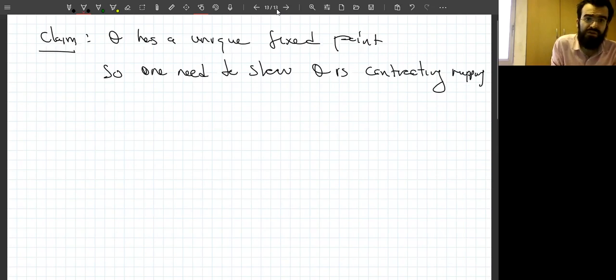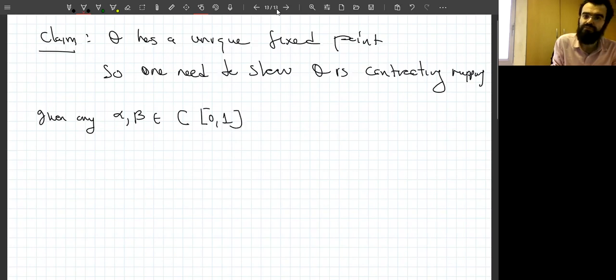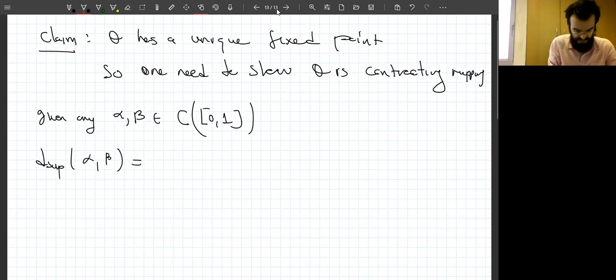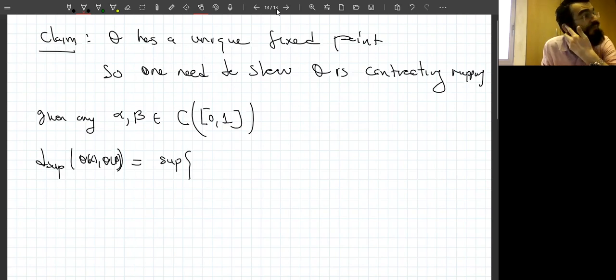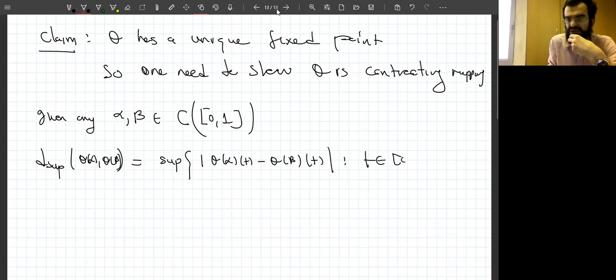So given any, let's say, alpha, beta in here, d sub infinity of theta alpha, theta beta equals the supremum of the absolute value of theta alpha t minus theta beta t, t in 0, 1.